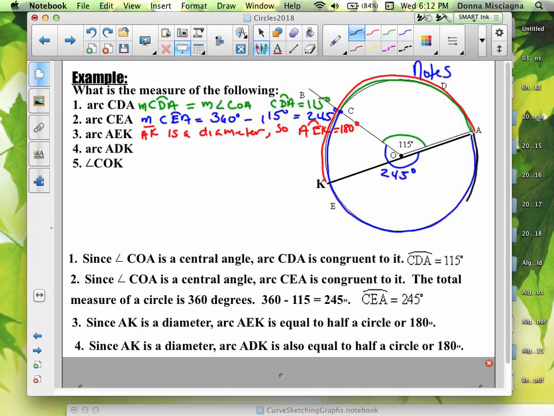It's the other half of the circle. But we knew either way it was going to be 180 degrees because the endpoints of that arc were on the diameter, right? So it has to be half a circle. So we can basically write the exact same thing for the one below it, except change the arc. So AK is a diameter.